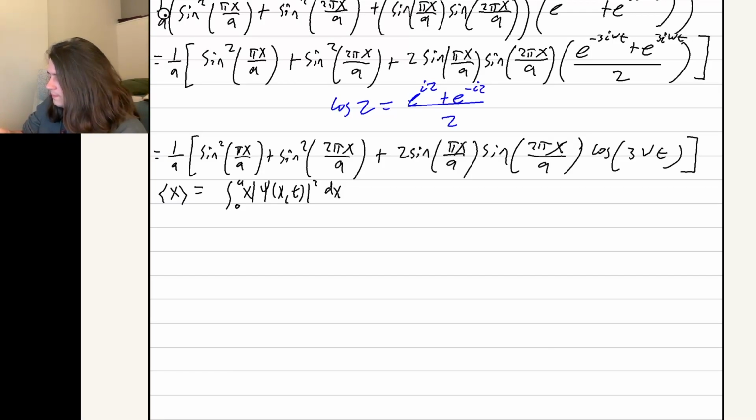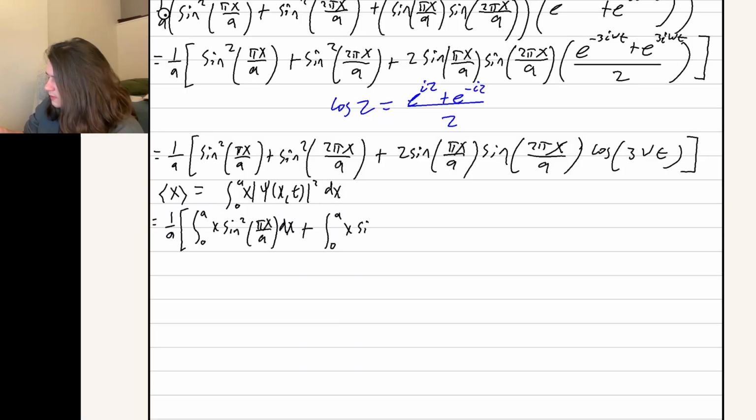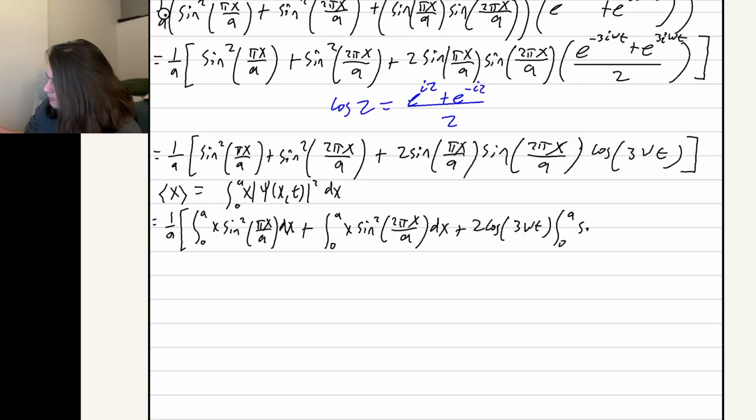And so it's going to be 1 over a, and I'm going to introduce some big brackets: the integral from 0 to a of x sine squared pi x over a dx, plus the integral from 0 to a of x sine squared 2 pi x over a dx, plus 2 cosine 3 omega t times the integral from 0 to a of sine pi x over a sine 2 pi x over a dx.